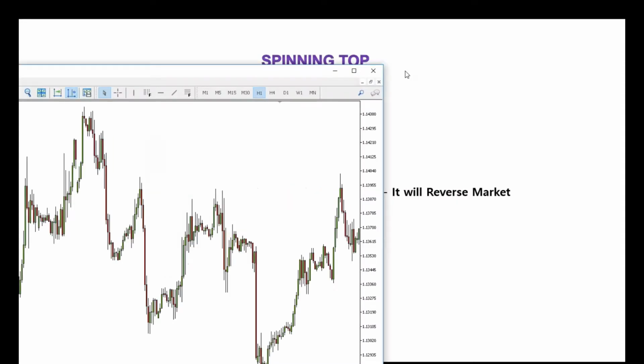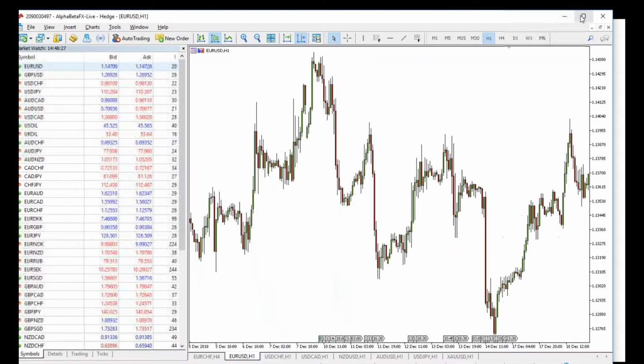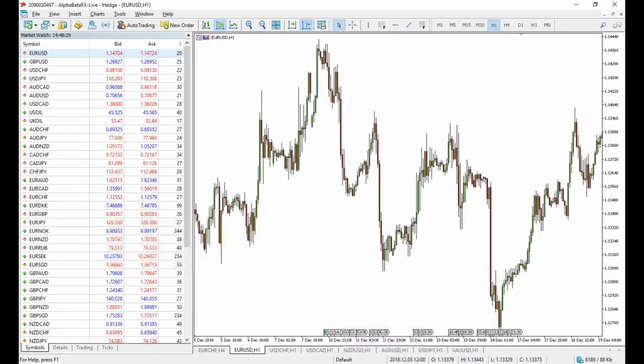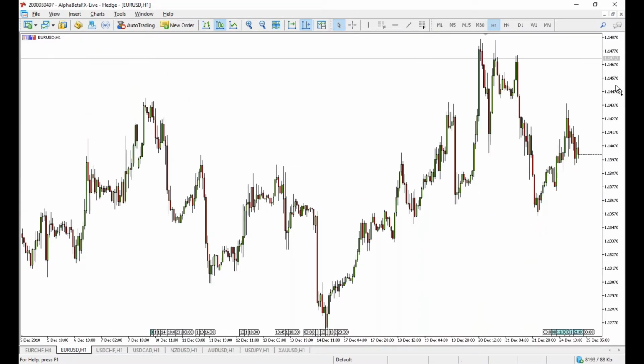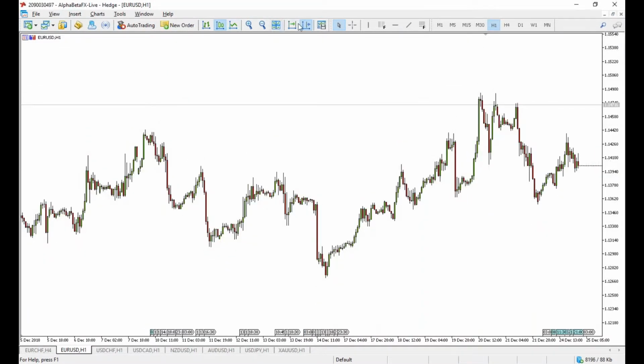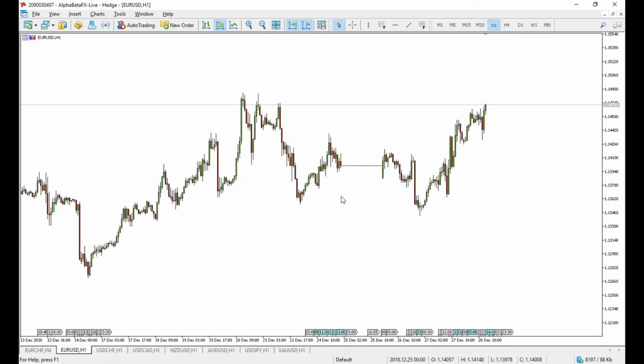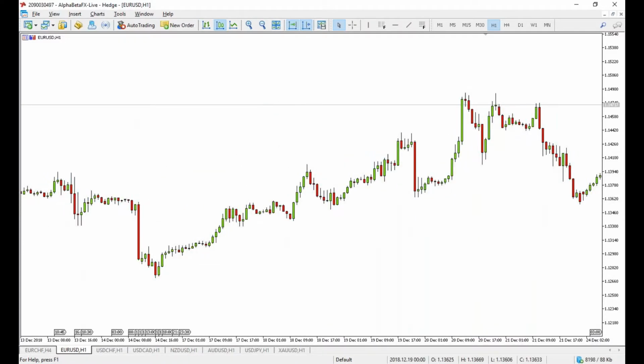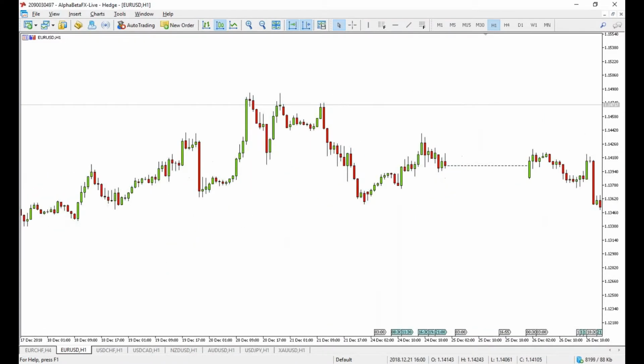So this is our MT5 platform. Once we press Control plus M, we can hide this right now. And this is our platform MT5. So let's find the candlestick we were talking about.